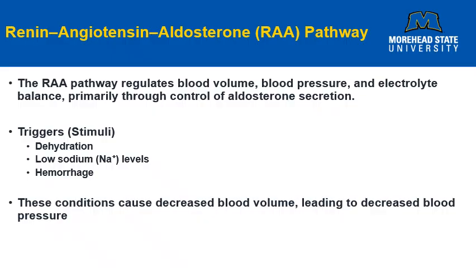Low levels of H2O, that leads to a decreased blood volume and can affect the blood pressure. If you have low electrolyte levels, such as low sodium levels, hemorrhage, okay? So these are all triggers. They all stimulate the pathway, okay? It can all mess with our blood volume decrease, which obviously correlates with a decrease in blood pressure.